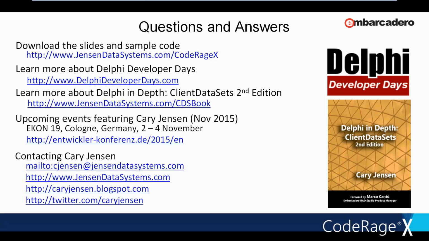The first question was, is it possible to generate client data sets inside the report to enable report-specific querying of data from a database using a predefined dataset provider? I kind of assumed that question was asking, is it possible while the report is running to get data into a client dataset?